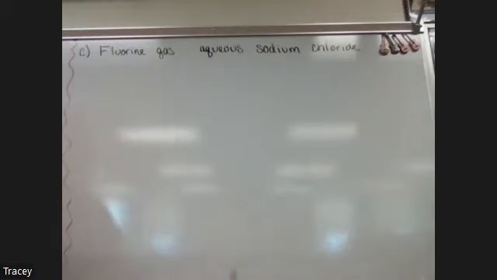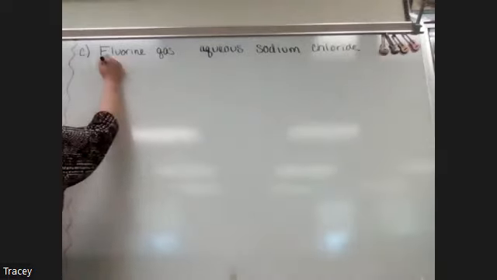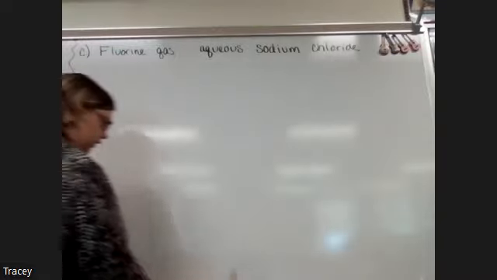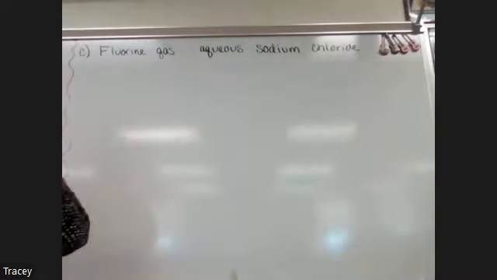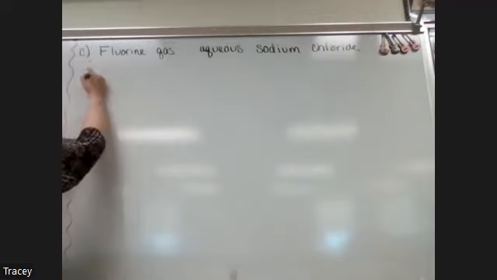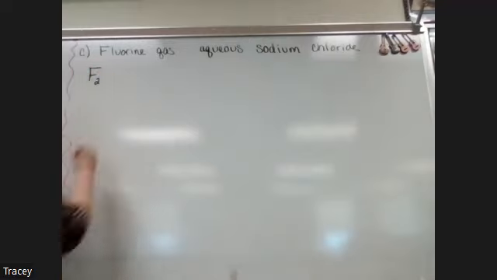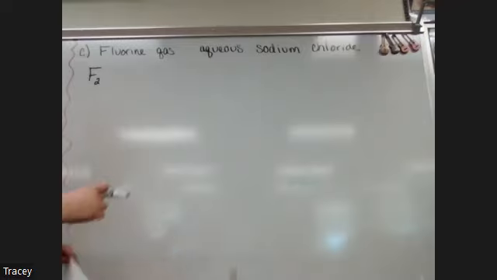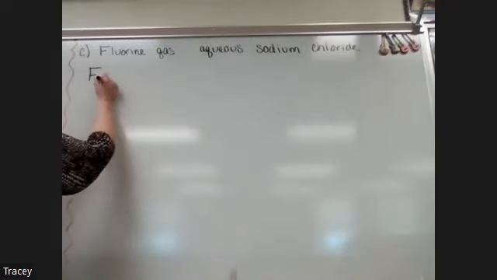But anytime we have non-metal replacement, the non-metal by itself is a genuine diatomic element. So that means that fluorine gas is F2. And it's a gas, so it gets a symbol (g).